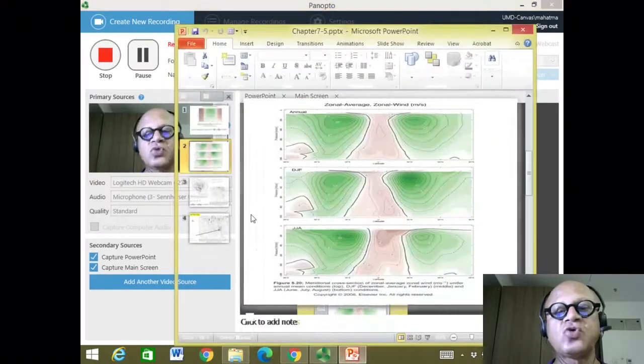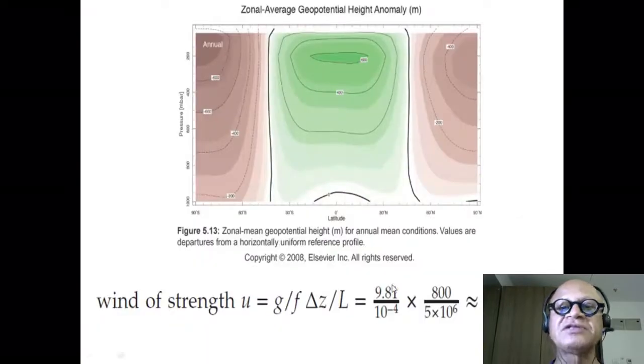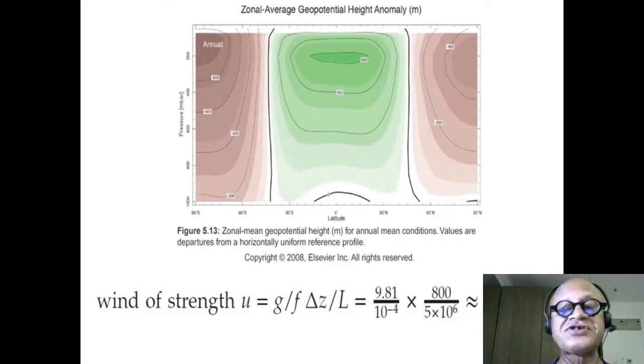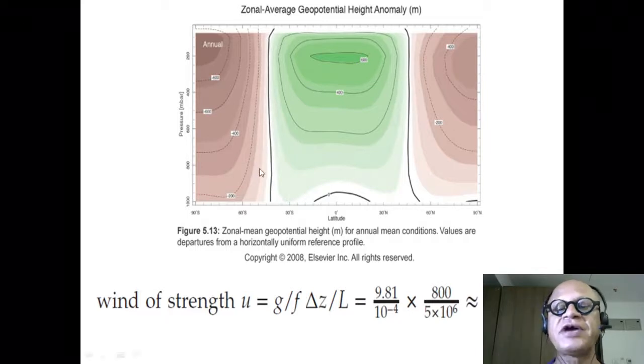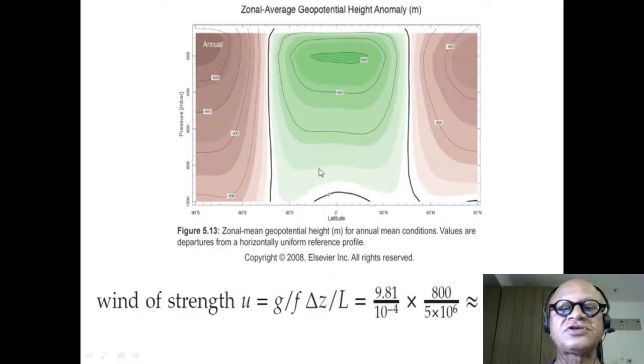Obviously, we need to go to the real world and show that geostrophic balance does work at large scale, right? So here is our familiar figure from chapter 5, where we had shown geopotential height as deviations from the averages at each pressure surface.